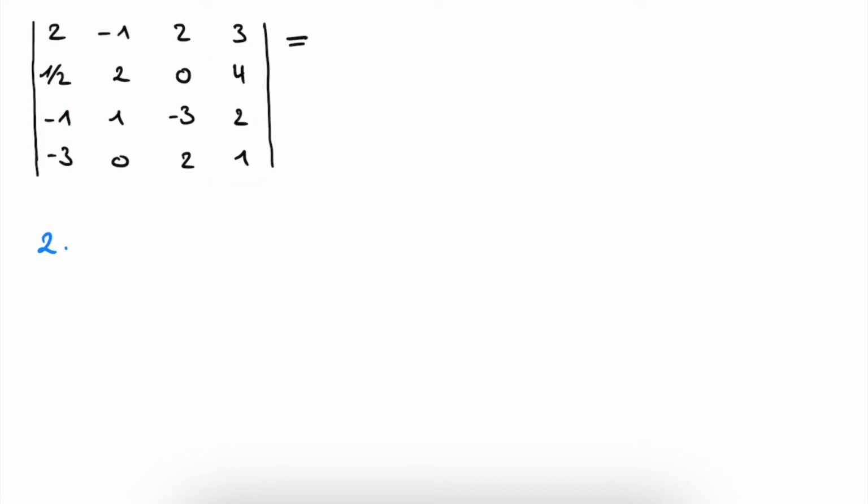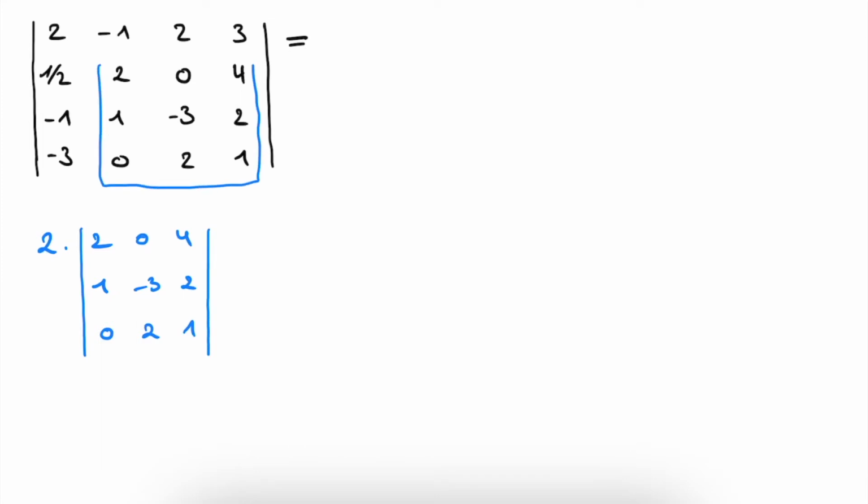So we multiply this 2 by the 3x3 determinant, 2, 0, 4, 1, -3, 2, and 0, 2, 1. And again, this is simply these 9 numbers. The next step is to take this -1, so the number on the right of the 2 that we used, and we put a minus sign in front of it, which is very important, which is why I draw it in red.